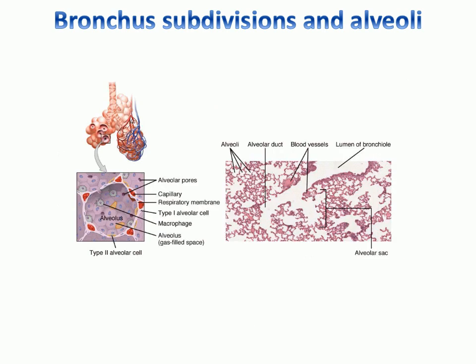There are 5 or 6 alveolar sacs associated with each alveolar duct. The alveolus is the basic anatomical unit of gas exchange in the lung. The alveoli consist of multiple types of cells for carrying out its functions.